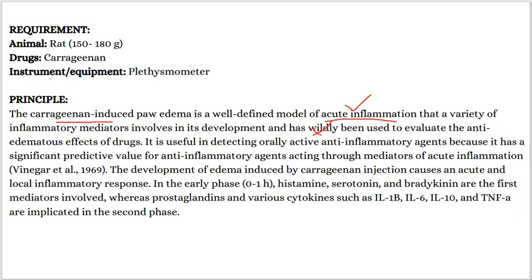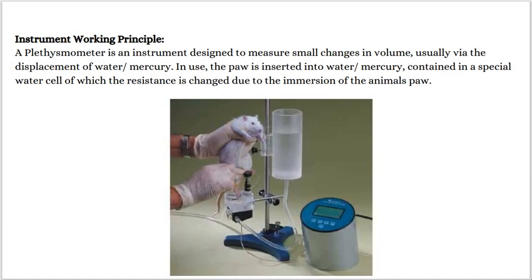Now we'll see the principle of the instrument. The plethysmometer is an instrument designed to measure small changes in volume, usually via the displacement of water or mercury.